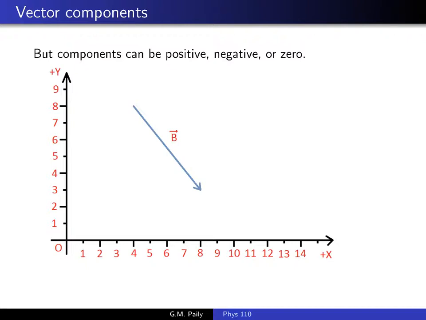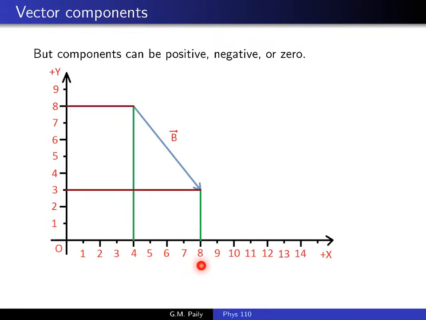Components, however, do not need to be always positive. They can be positive, negative, or 0. For example, for this vector, after doing the projections onto the x and y axis, we can see here that the vector is pointing down and to the right. So the x component will be positive.